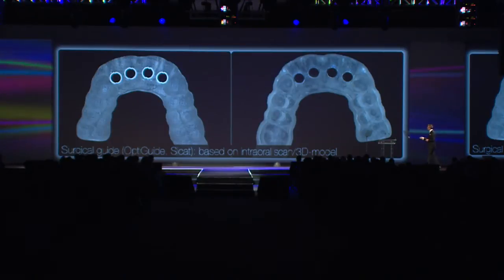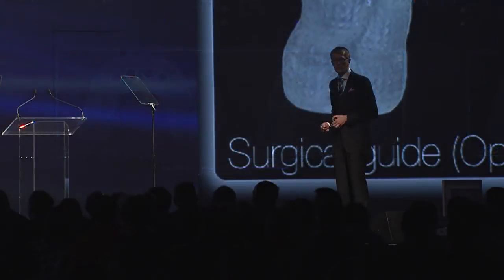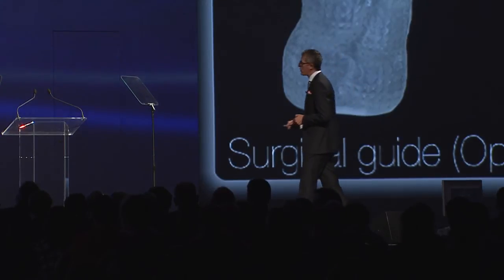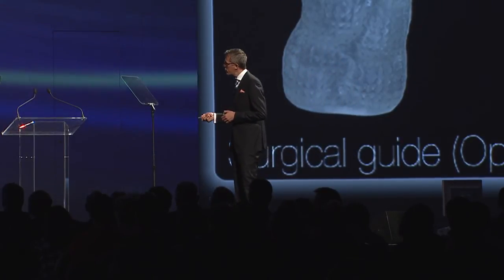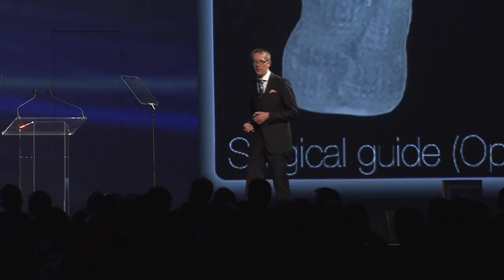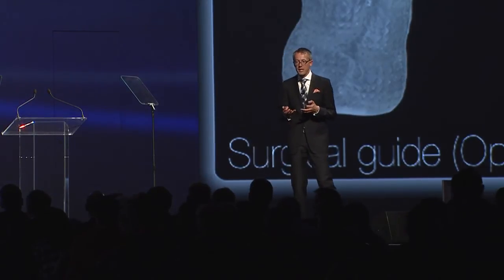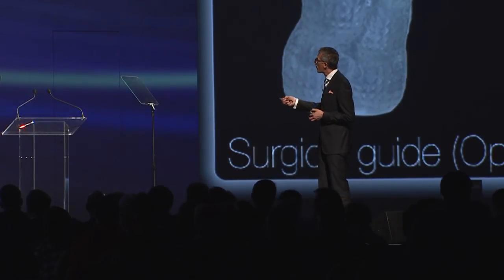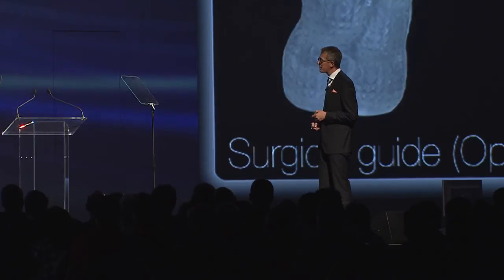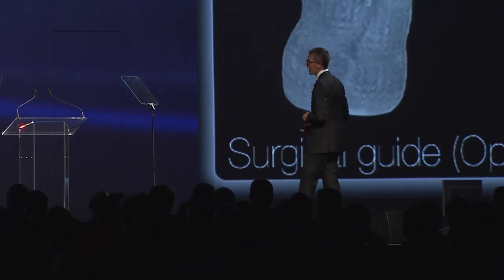Also, this kind of surgical guide is very interesting because the inner part is completely machined from a big CAD/CAM system, and the result of this very nice fit is not based on a model or a plaster model, it's a scan with a CEREC camera. So the 3D model created by the CEREC camera, by the CEREC software, is the basis for the designing of this completely machined surgical guide you can see here.